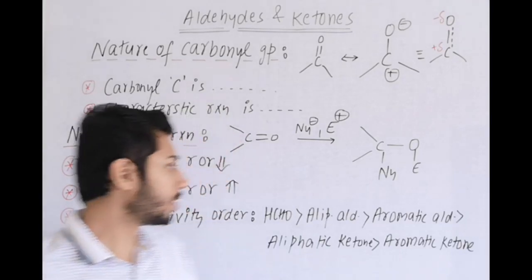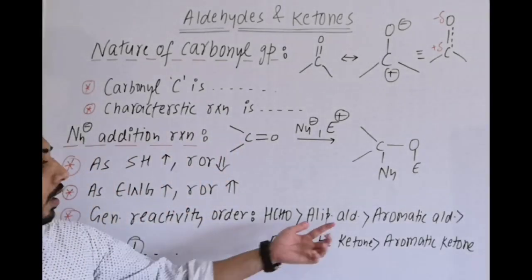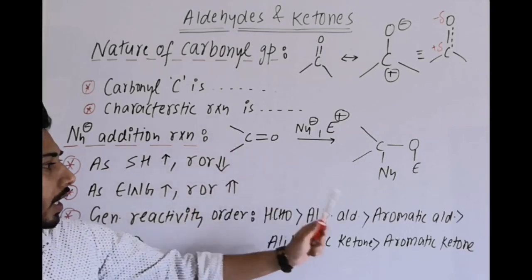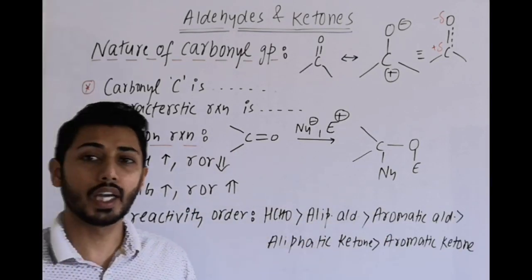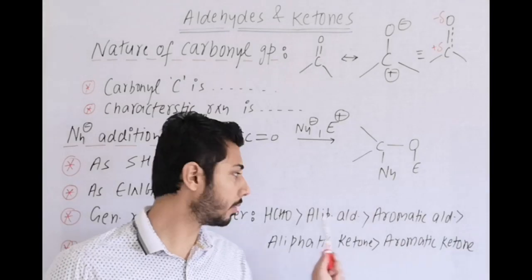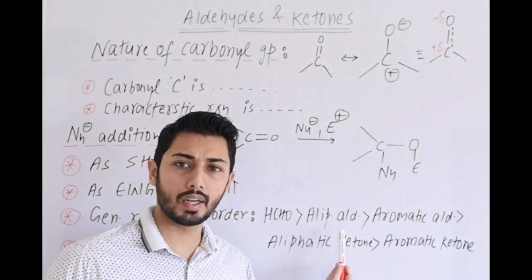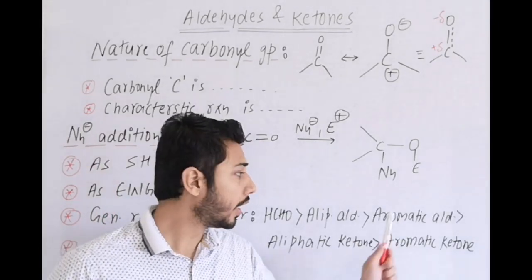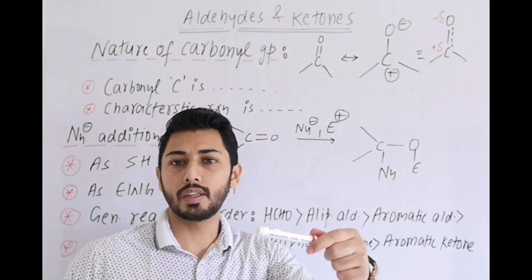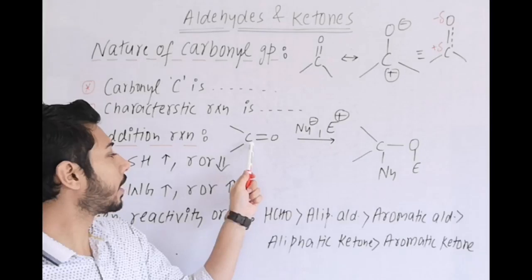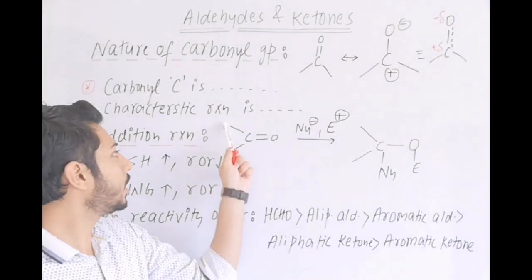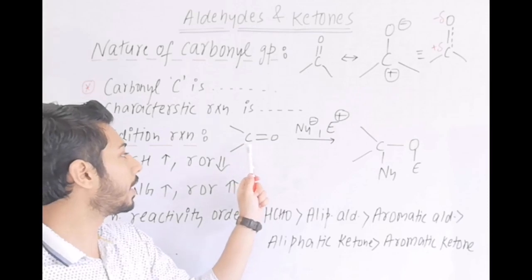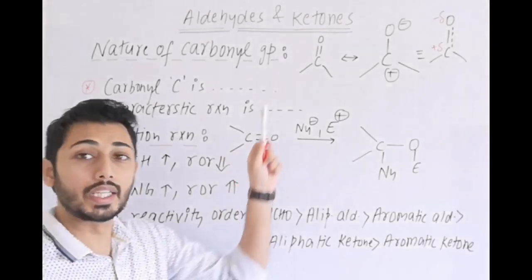That's why, in general, formaldehyde is maximum, then aliphatic aldehyde which still contains one hydrogen and one R. Then remember aromatic aldehyde. Aromatic aldehydes are slower as compared to formaldehyde and aliphatic aldehyde. We can explain this: in aromatic aldehyde a benzene ring is present, and when carbon becomes positive, that benzene ring will delocalize the pi electrons and the electron deficiency of carbon decreases.